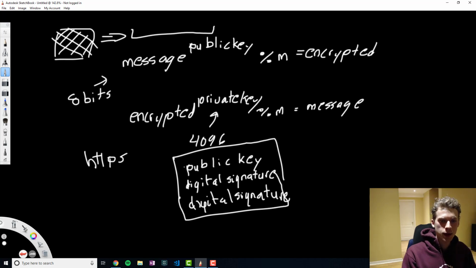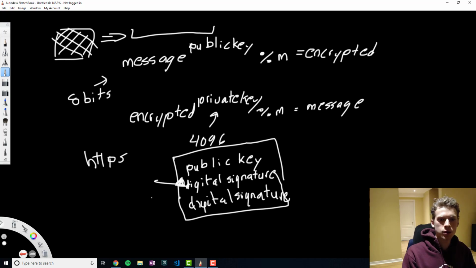And so the benefit to digital signatures is that you know that that web page is associated with whoever owns that private key. Now, that in itself is not enough because, again, someone could theoretically get access to the private key.